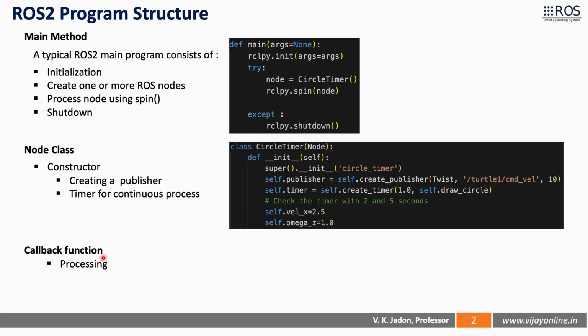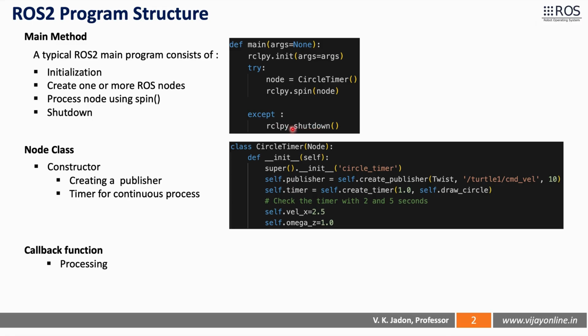In the main method, the standard lines are to initialize rclpy, create one or more nodes, and process that node using spin. This rclpy.spin starts the event loop that is waiting for messages and communication until they're shut down.